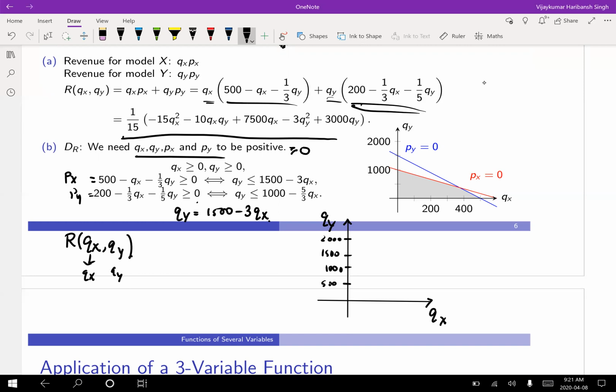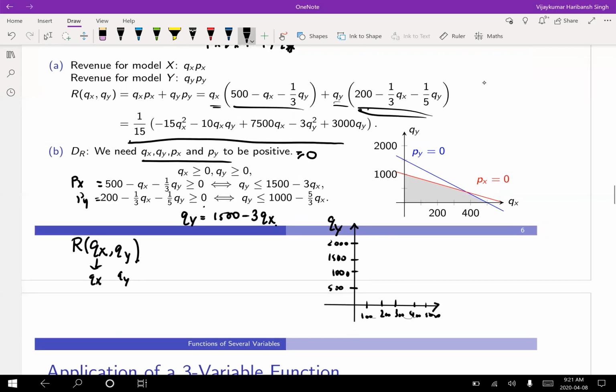And then here I will scale it as 100, 200, 300, 400, 500. 100, 200, 300, 400, 500. Okay.